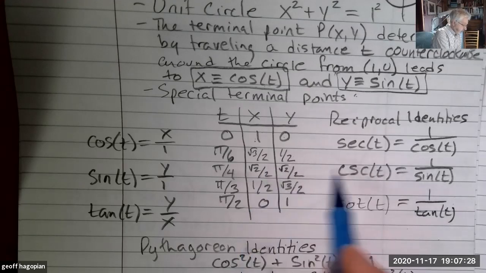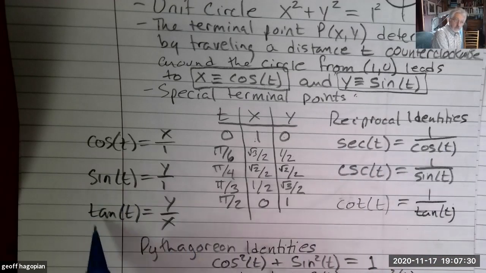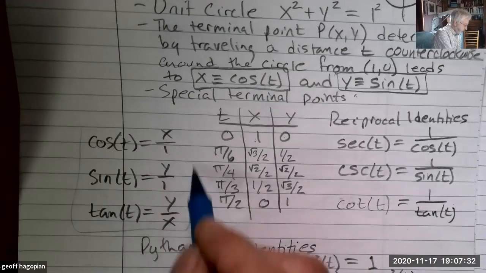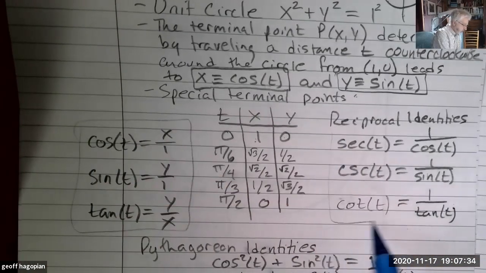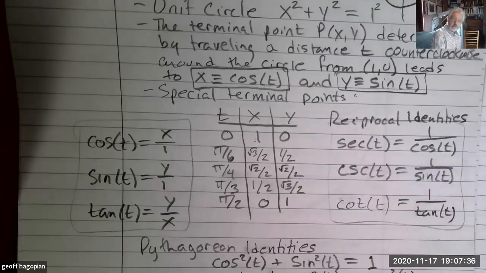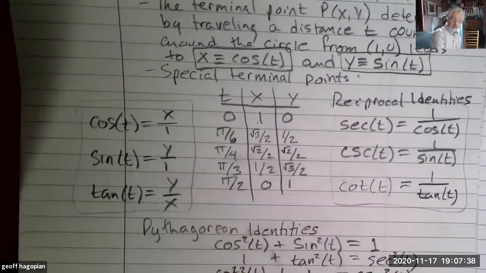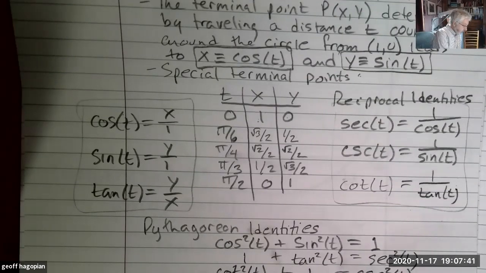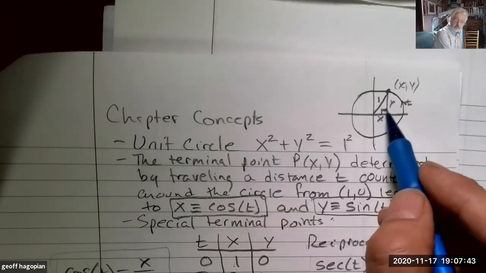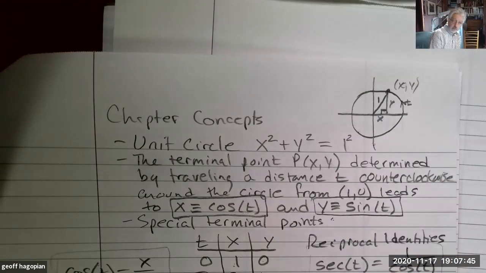And so then we have the 6 trig functions, the 3 original trig functions, and then the 3 reciprocal trig functions, right? There are 3 sides of the triangle, which means there are 6 ways to form a ratio of those 3 sides.